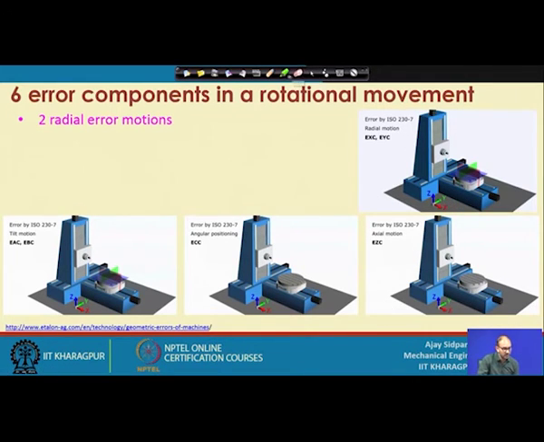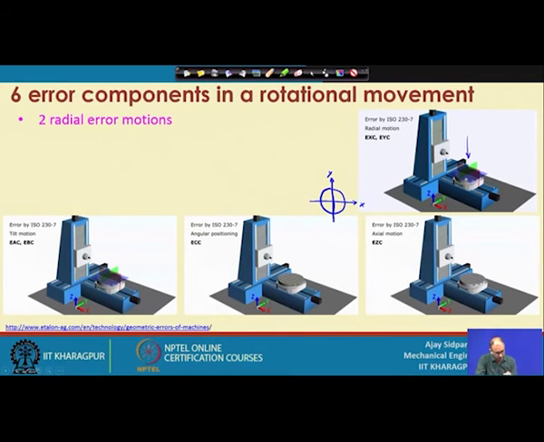How can you see that? Let us suppose we are looking from the top. This is the actual location, and consider this one is the y axis and this one is the x axis.